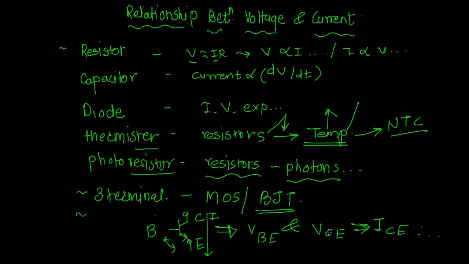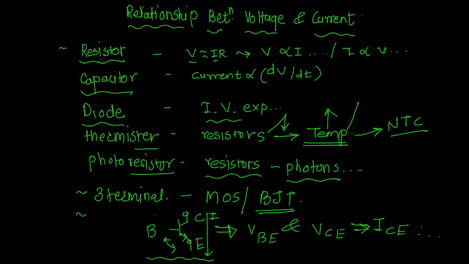I am not sure if I am going to talk about BJT in this course itself, but let's see. The purpose of this slide is just to give you an introduction to different types of devices, to let you know that these devices have different IV characteristics, different IV relationships.